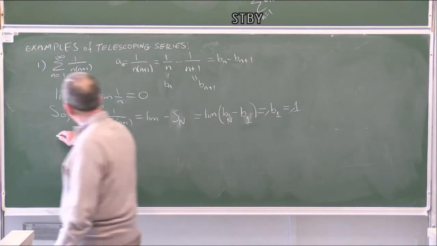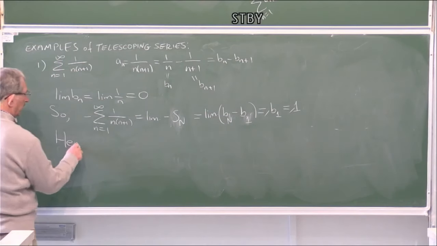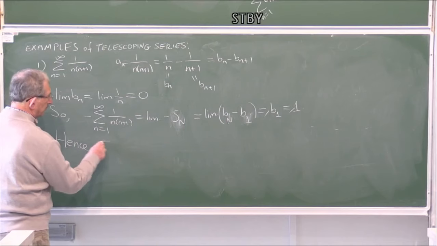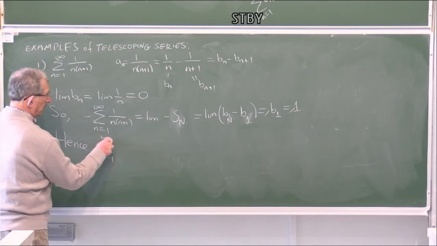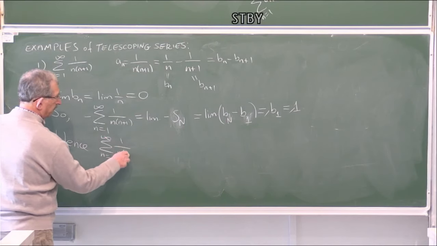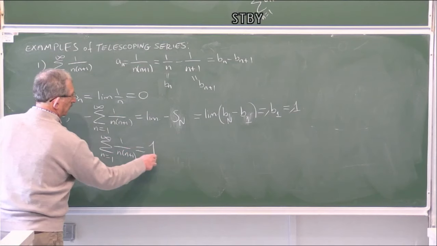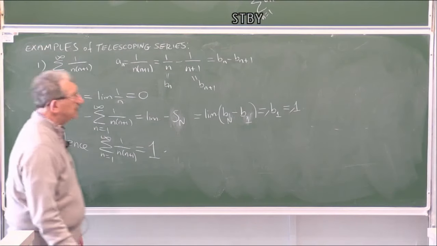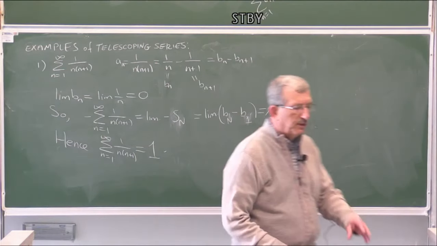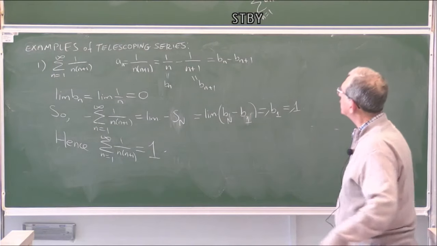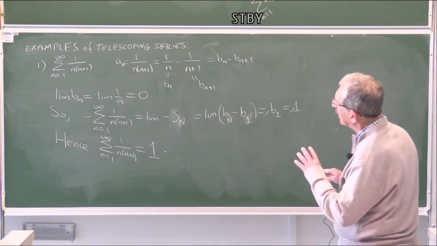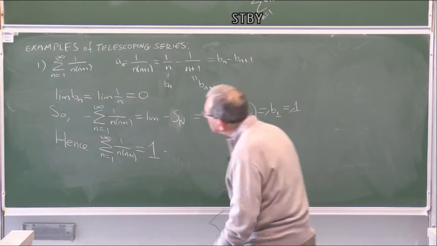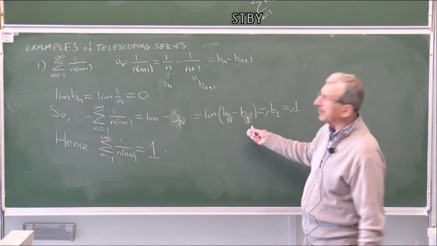It means that the limit in question is this one. So what's the advantage in telescoping series? In telescoping series, we can calculate what Sn is exactly and take the limit.